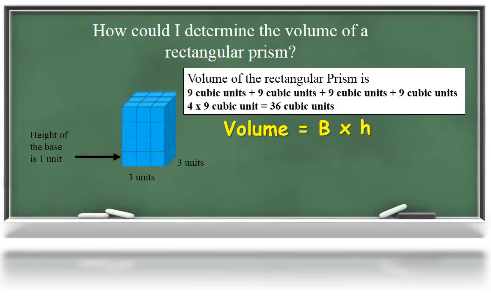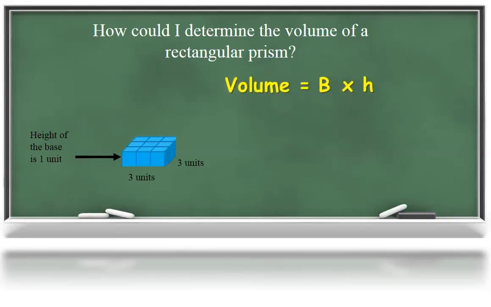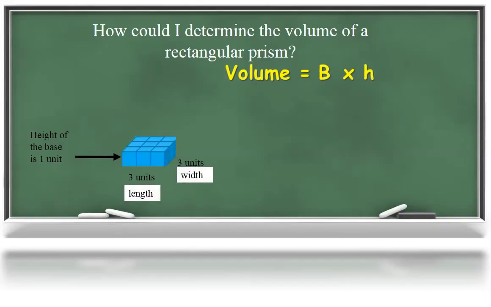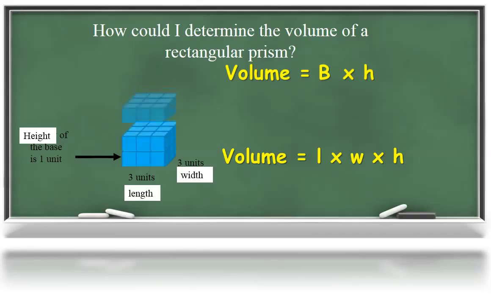Students should also see that in order to find the area of the big B or base, they multiply the length and the width of that base together, and then take that product and multiply it by the number of layers or the height, which would give them the formula volume equals length times width times height of the rectangular prism.